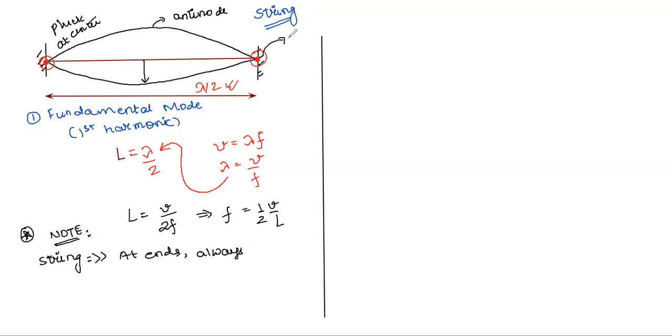Because these nodes are the points of zero displacement. There is no displacement at this point. And of course, because here the medium is changing and we are entering into a completely different medium, that is, the wall is present here. That is why there is no displacement at this point. So we have at ends always node is formed.